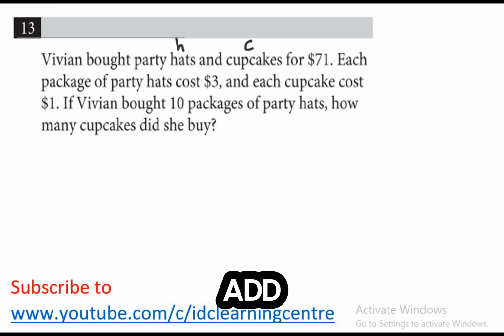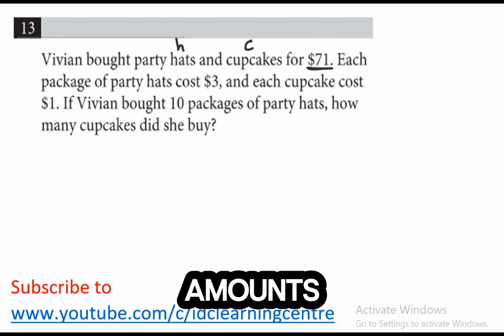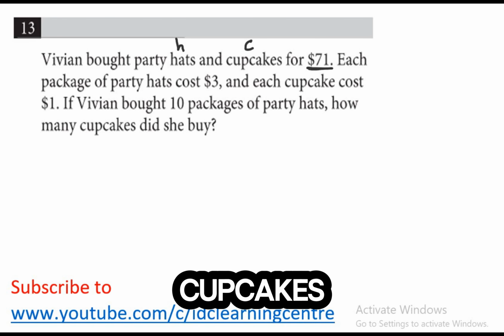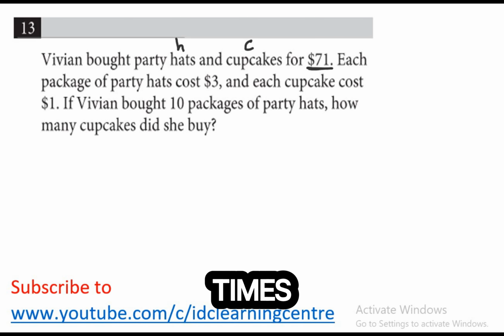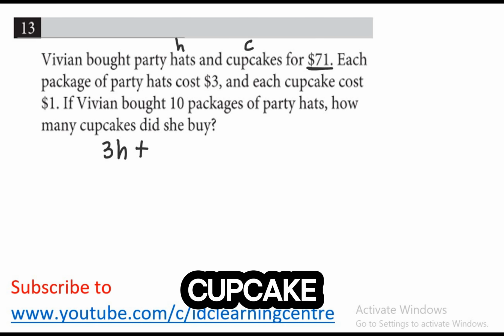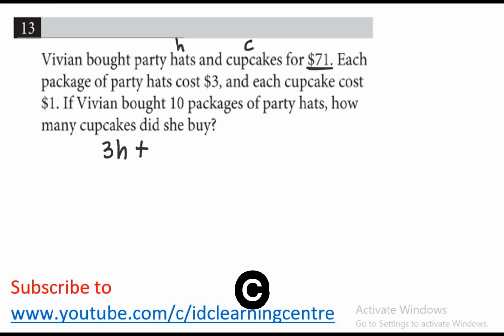So we have a total of $71 for the amount of hats and cupcakes she bought. Each package of party hats costs $3, so the total cost is 3H, plus each cupcake costs $1, and the total number of cupcakes is C. So 1 times C, and the total cost is $71.